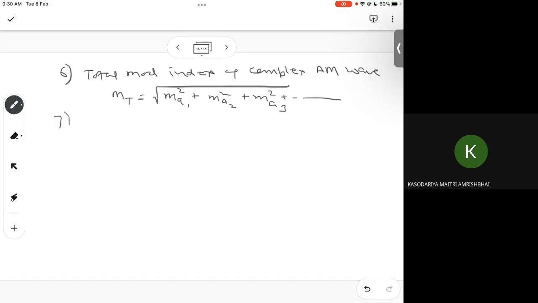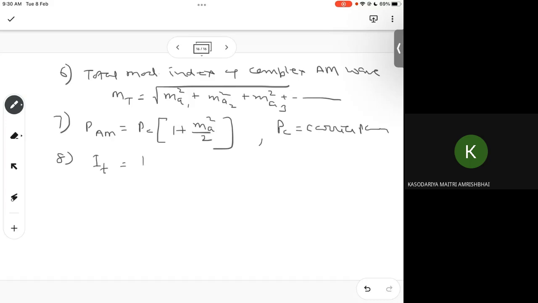Also we have seen P_AM is equal to Pc (1 + ma square by 2). Here Pc is the carrier power. So carrier is the live frequency. And in terms of the current, we have seen It is equal to Ic under root of 1 plus ma square by 2.